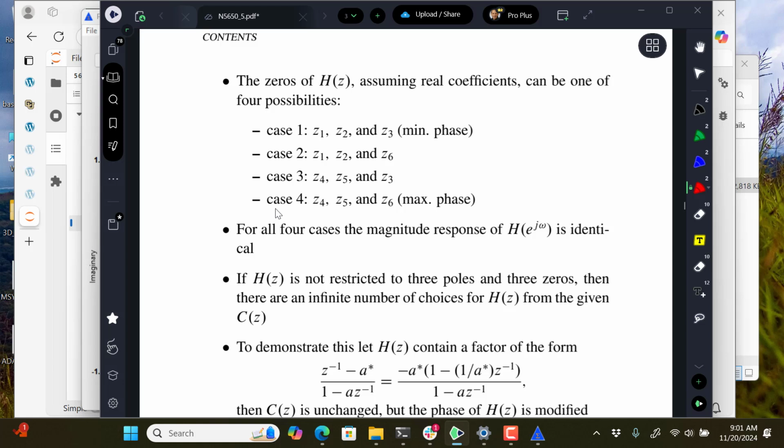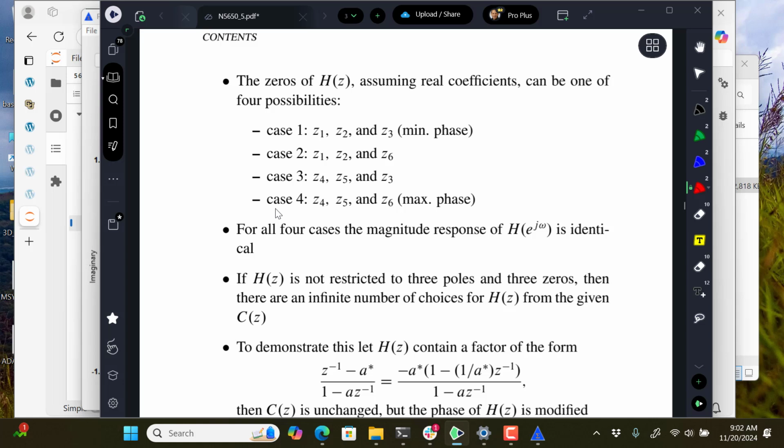We can make the zeros all inside the unit circle with the poles, and that's the one at the top. That's called minimum phase, and that'll be a definition that follows. A minimum phase system has all its poles and zeros inside the unit circle, and there are some homework problems on that, and I think there's one on the exam on this too.